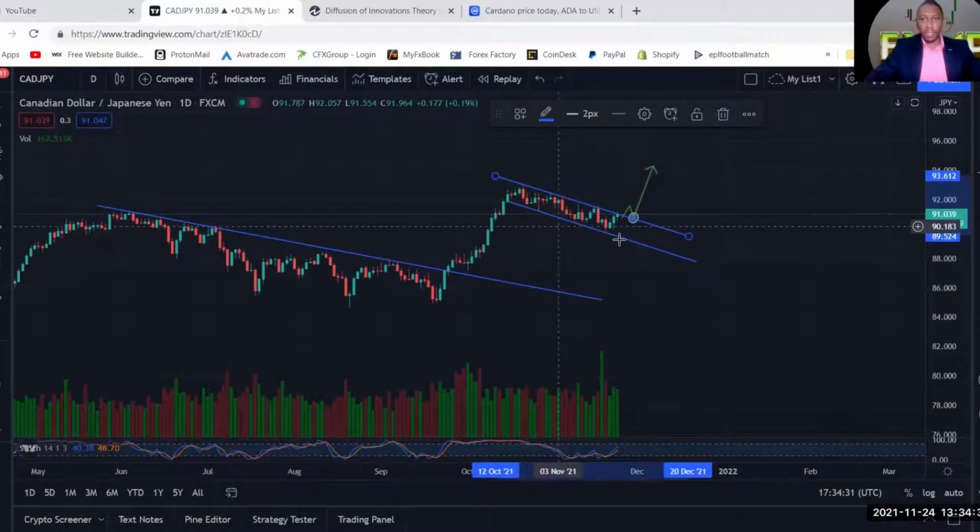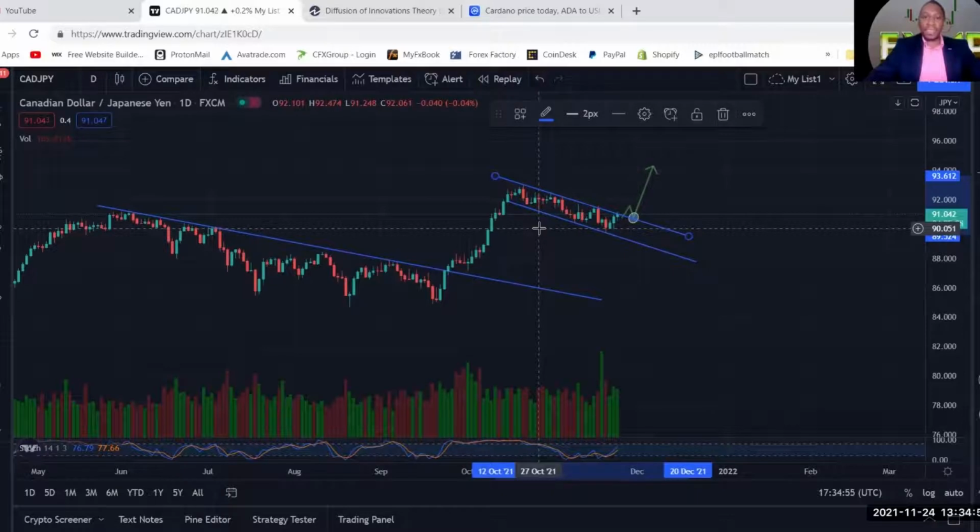If we check the candlesticks, you can see 1, 2, 3, 4, 5, 6, 7, 8, 9, 10, 11, 12, 13, 14, 15, 16, 17, 18, 19, 20. So we have a little over 3 weeks of bearish movement on this currency pair here, guys.